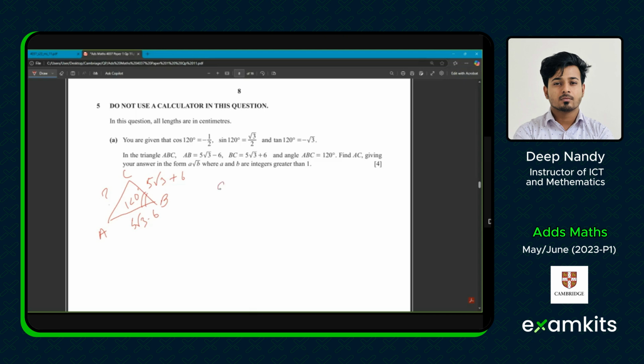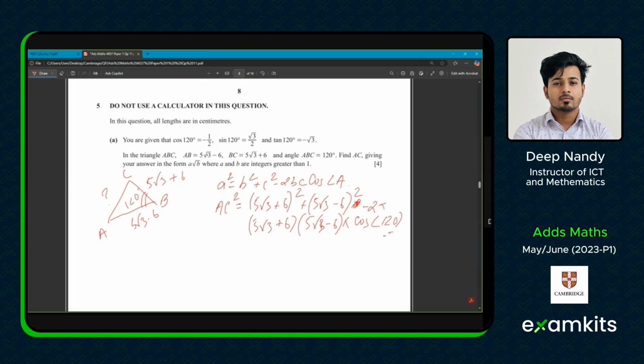As we know, for length, a square equals b square plus c square minus 2bc cos A. So we are going to see that AC square equals, let b equal (5 root 3 plus 6) whole square plus c equals (5 root 3 minus 6) whole square, minus 2 times (5 root 3 plus 6)(5 root 3 minus 6) into cos 120.